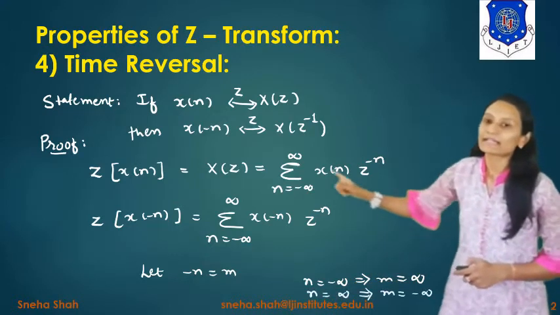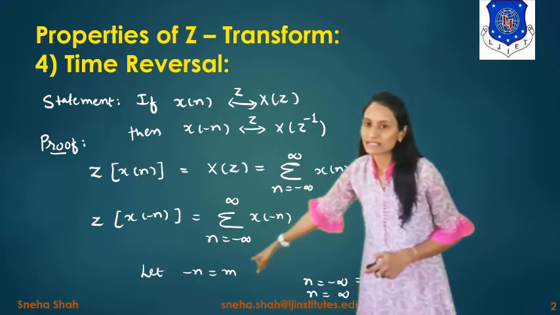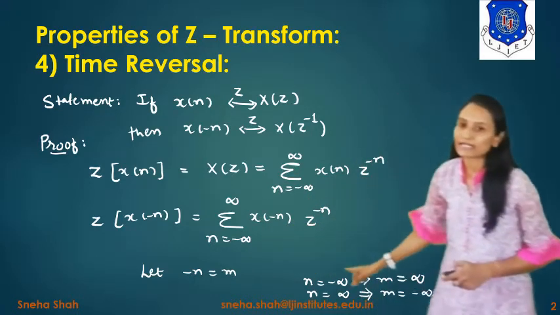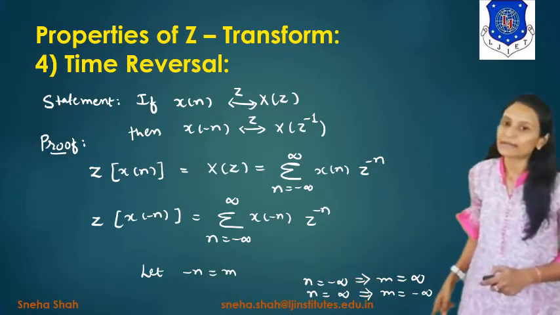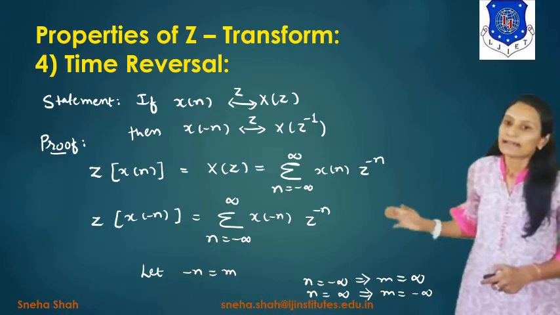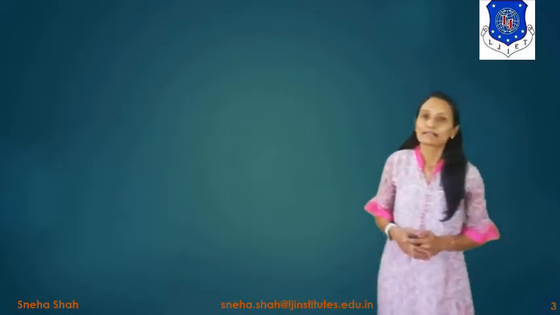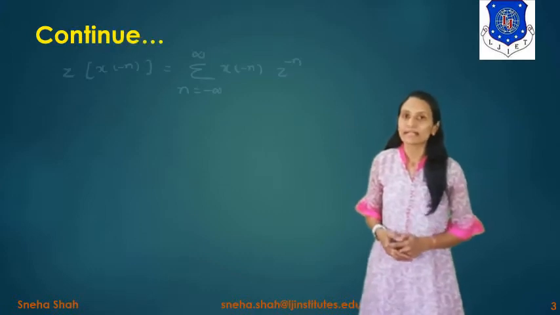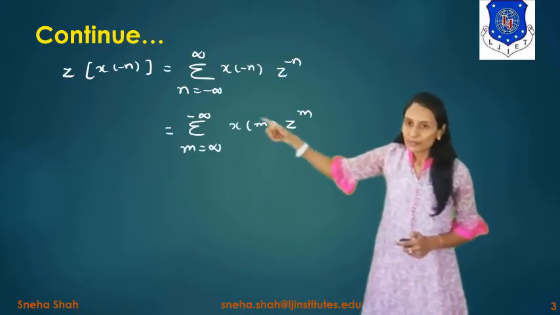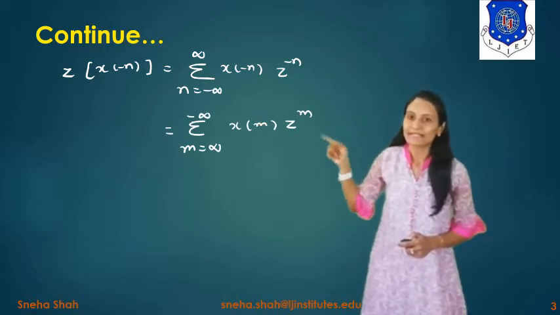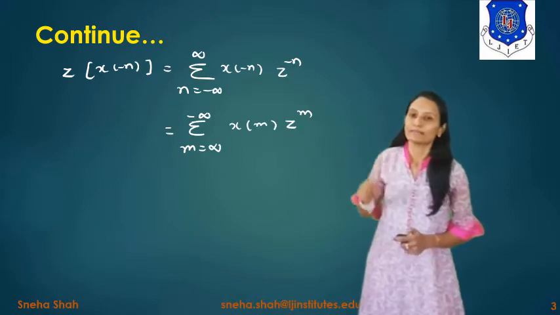Similarly, if I take n equals infinity and put it in this equation, the term will be minus infinity. So if n equals infinity, then the value of m equals minus infinity. Now I am putting these values in this equation. So the next step is z transform of x of minus n equals summation m equals infinity to minus infinity x of m z raised to m. Because instead of minus n, we have to take m, right?